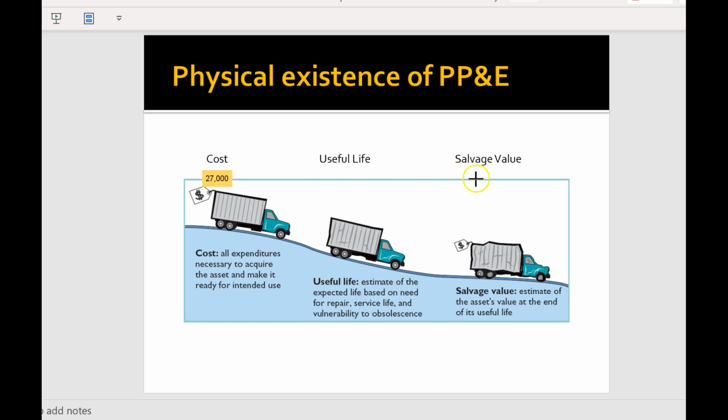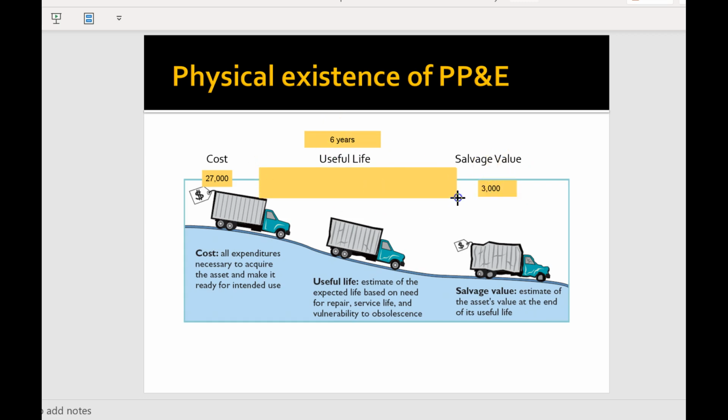And we also assume the salvage value of the equipment is actually $3,000. That means between these two states, how much of the equipment can we possibly use during, of course, the useful life of 6 years. The useful life and the salvage value are all estimated.